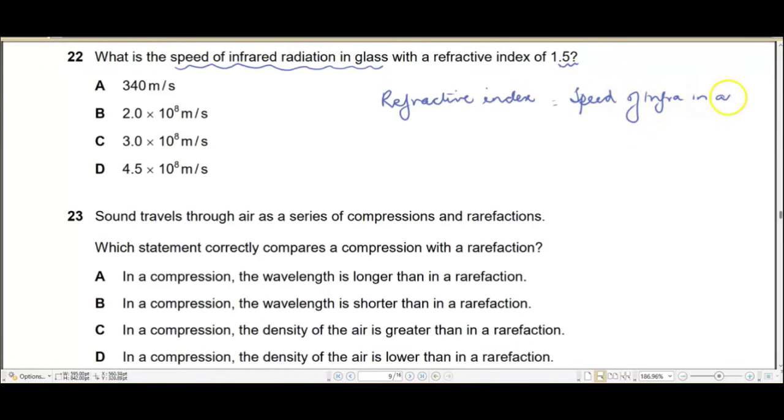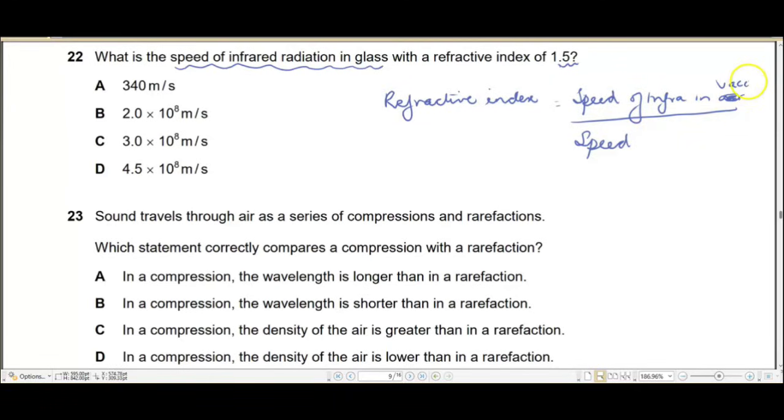speed of infrared in air, or you should say vacuum, divided by speed of infrared in glass. So this is 1.5.